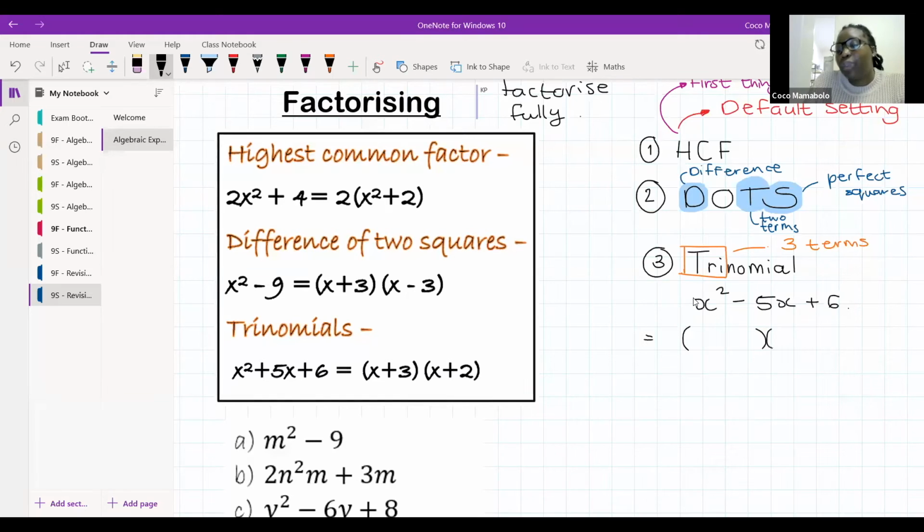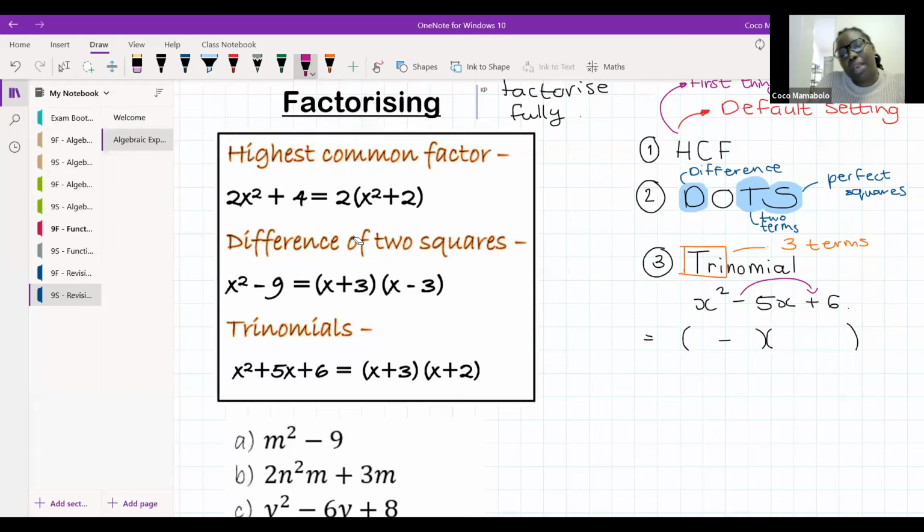And when I want to figure out the signs, guys, I automatically know that one of my signs is going to be a negative. Good. Then if I want to find the other sign, I need to ask myself, a negative times what gives me a negative?